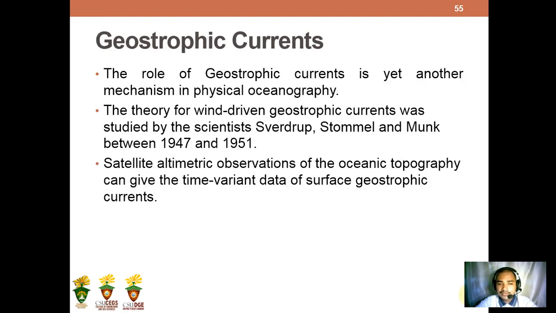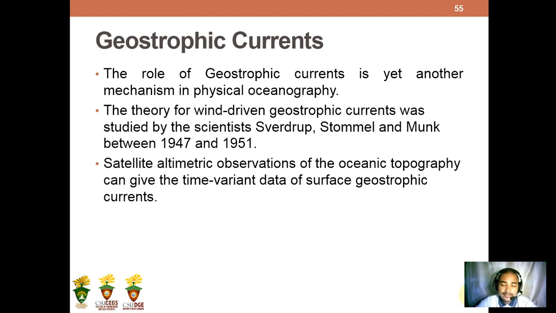So we have also what we call geostrophic currents. Their role is yet another aspect to be considered in physical oceanography. The theory of wind-driven geostrophic currents was studied by the scientists Sverdrup, Stommel, and Munk between 1947 and 1951.